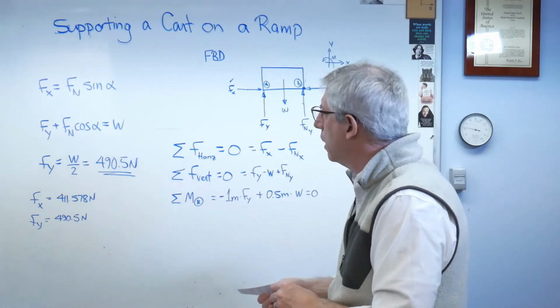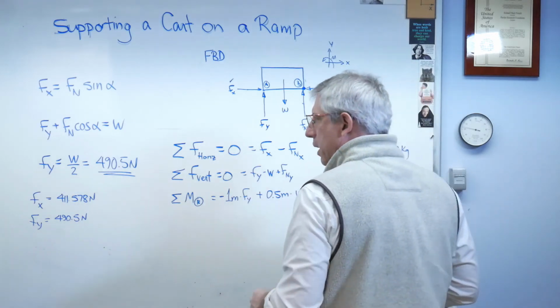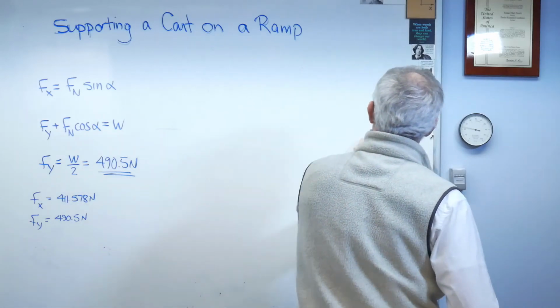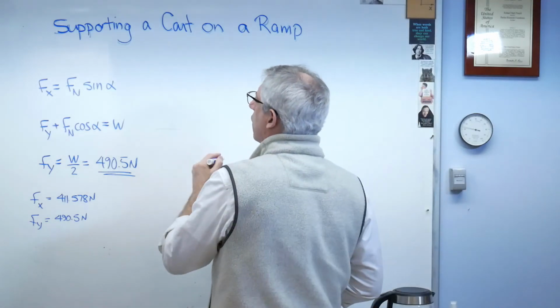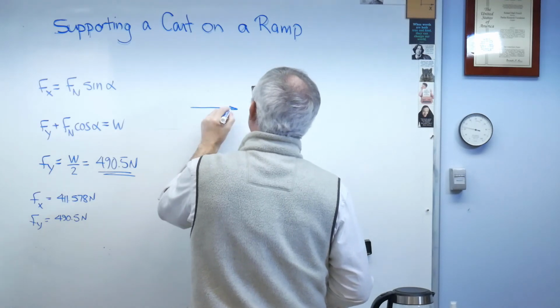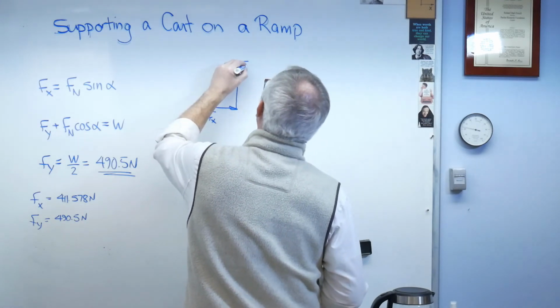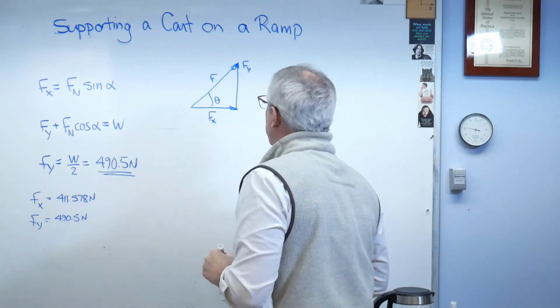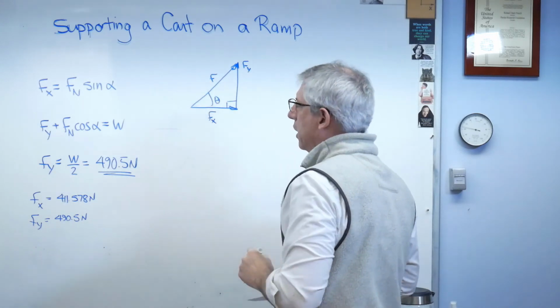Well, I'm going to erase right here again to make some room on my little board. Let's draw this force triangle. There's F, and there's theta. That's a perpendicular right there.